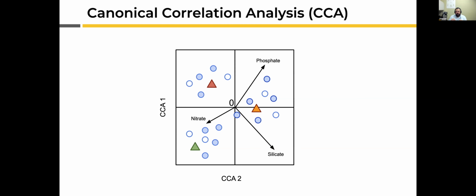Now, I will say canonical correlation analysis in its basic statistical form isn't entirely appropriate for the assumptions of microbiome data, but there are more modern methods that are derived originally from CCA that can be applied. But this is essentially a way of, like I said, correlating your environmental measurements with your microbiome data.